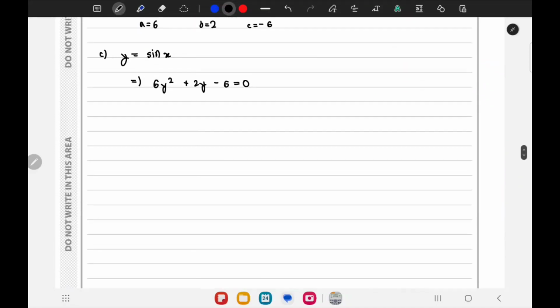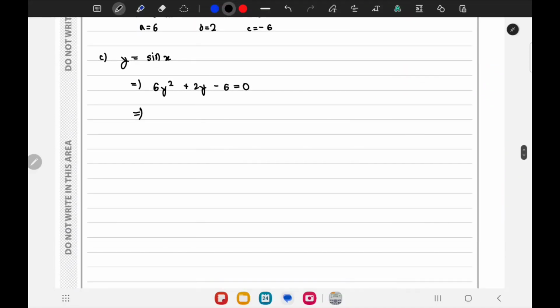We can factorize this. We'll just use the quadratic formula over here. So minus b, so minus 2 plus or minus the root of 2 squared minus 4 times 6 times minus 6, all divided by 2 times 6.